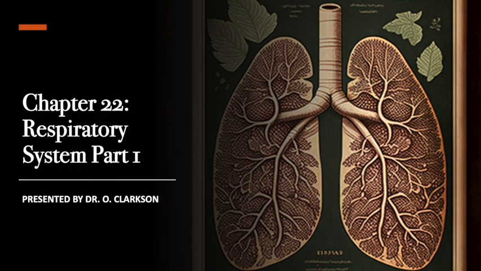So let's talk about the controls of airflow. Now, as I mentioned, you have a couple different smooth muscle regions that are going to be responsible for dilation and constriction. The most important ones are going to be at the level of the bronchioles. If you have sympathetic activation, that's fight and flight, you want to maximize the amount of oxygen being delivered to your lungs.